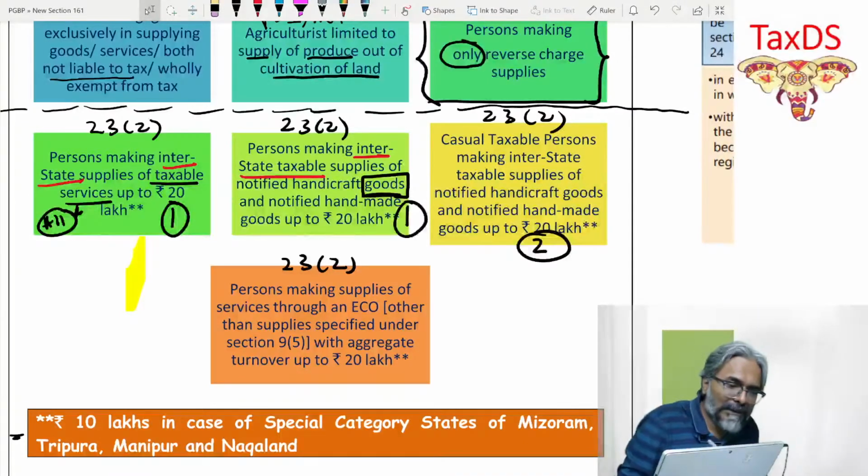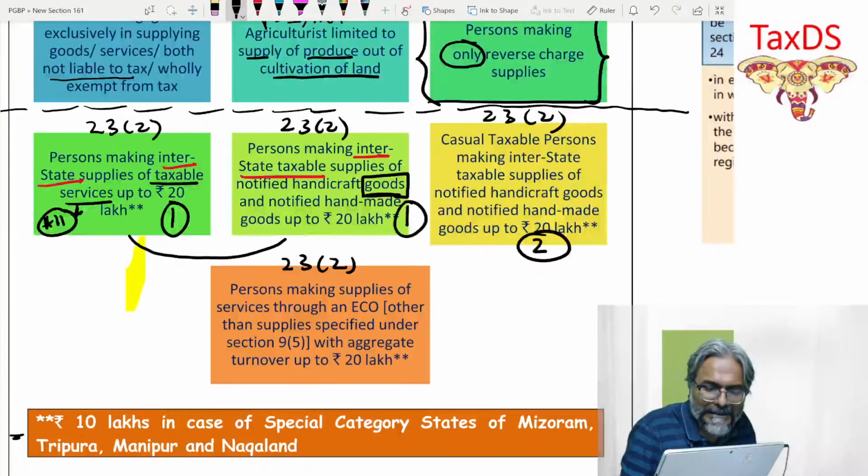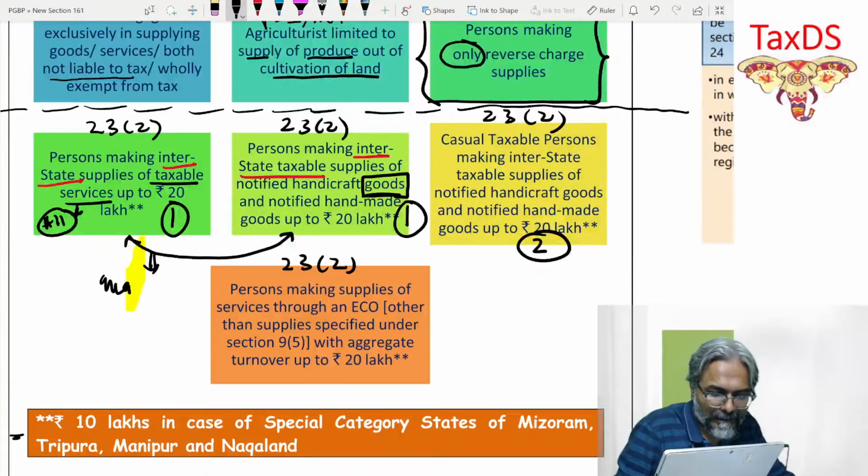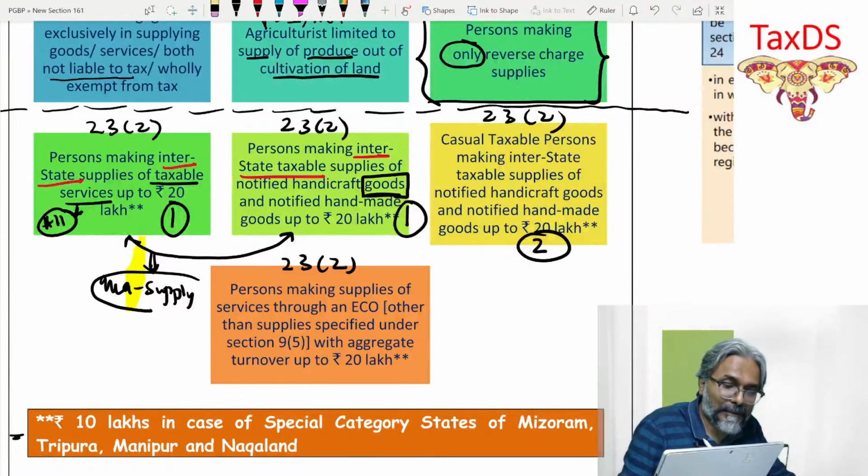I can also establish the correlation here, students. If you see for interstate supply, these two are the exemptions, students. So they are also correlated. This is what? This is qua interstate supply. Correlated with interstate supply.